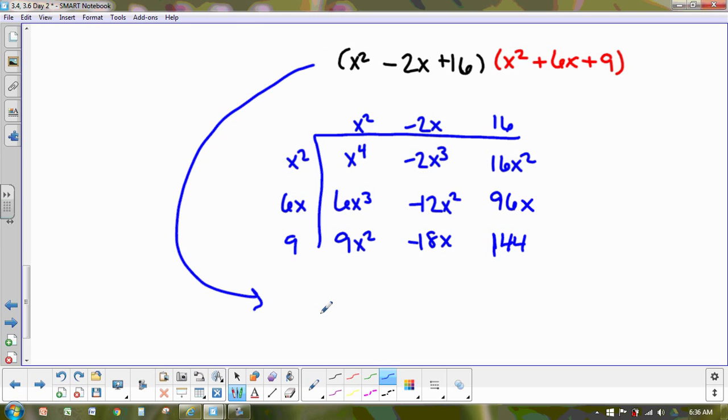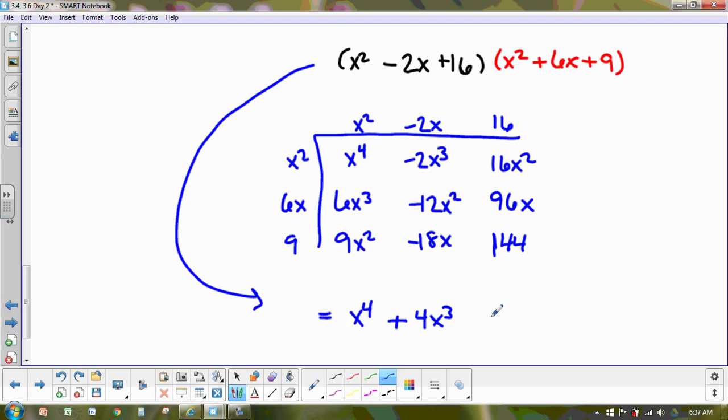So all of this is equal to, and I don't really get canceling there, but that's okay because I don't end up with any i's left, so that's fine. x to the fourth plus 6 minus 2, so plus 4x cubed.